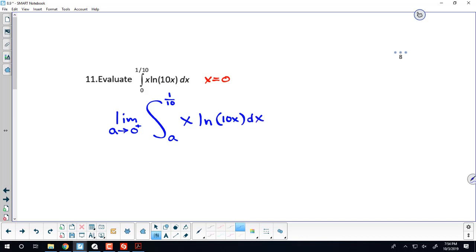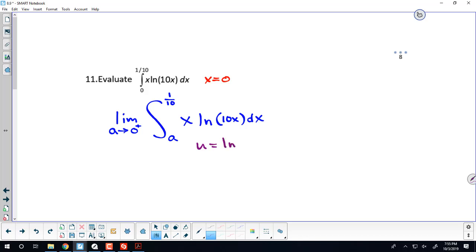How are we going to evaluate the antiderivative? By parts. Yeah, so it's just the product of two functions of x. It's integration by parts. So we're going to let u equal to which one? ln, right.